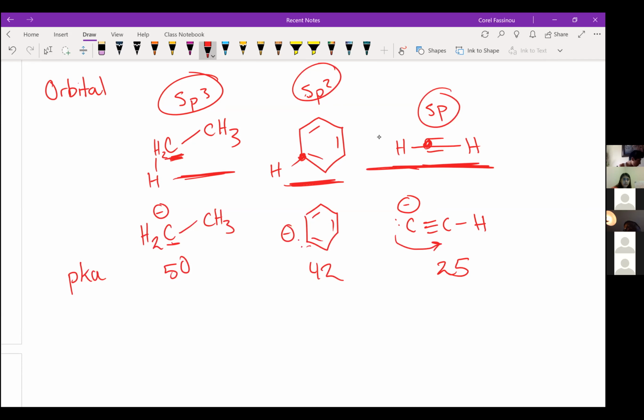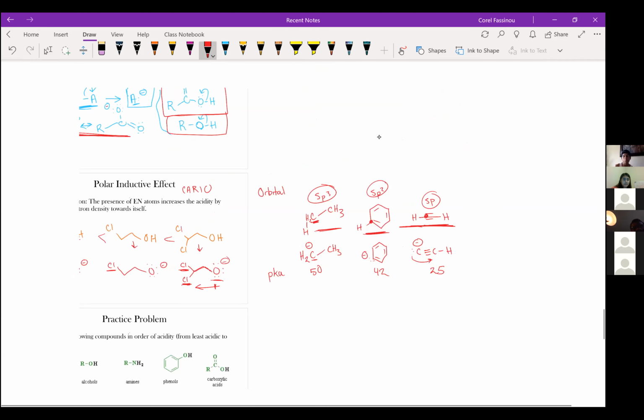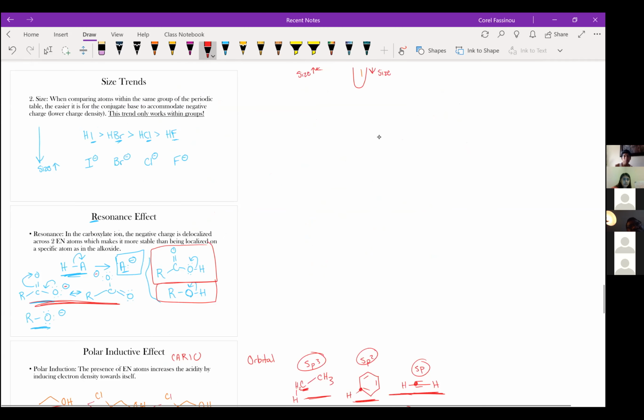Are there any questions on how to use the polar inductive effect, resonance, size trends, charge? These are going to be the same things you're going to use when you're determining which compound is going to be the most basic. It'll just be the opposite of what we talked about here. I can give a really brief explanation on that in a video, but just to be respectful of everyone's time, we can end here.